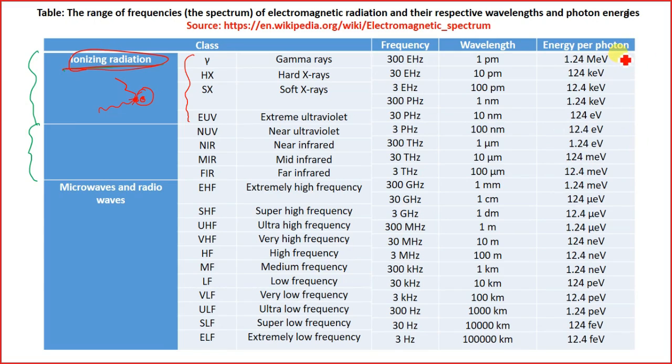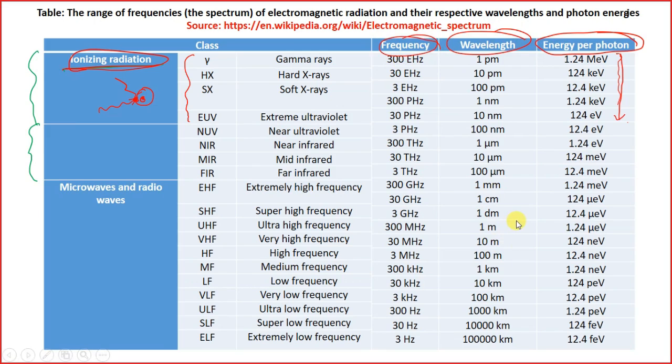And on the right hand side, if you see energy per photon, we have 1.24 mega electron volt, 124 kilo electron volt, 12.4 kilo electron volt, 1.24 kilo electron volt, then we have 124 electron volt. Slowly you see there is a reduction in the energy per photon. These are the wavelengths and these are the energies.